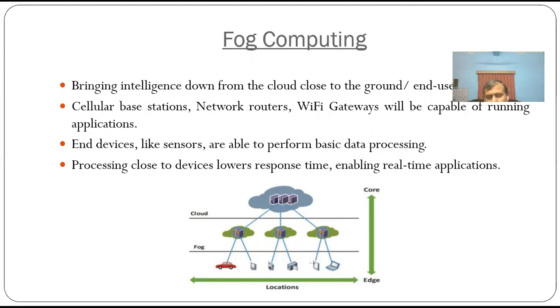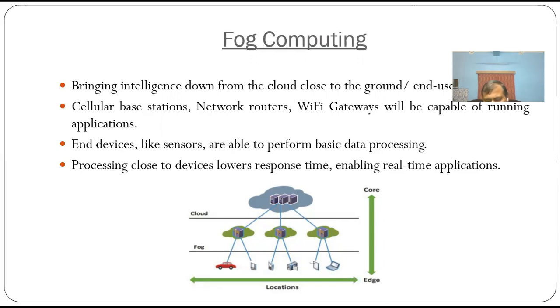As I told you, say for example, somebody tries to implement the concept of a smart traffic system or smart cities, where there will be several applications which need to be done in real time, and these real-time applications are generally implemented using the IoT computing paradigm. In such cases fog computing plays a vital role.